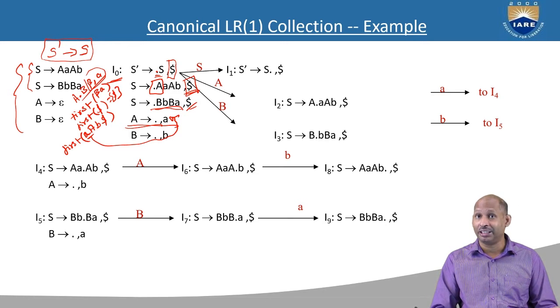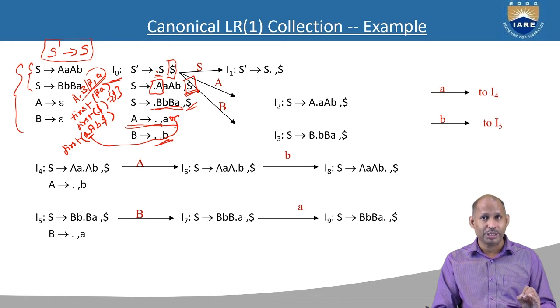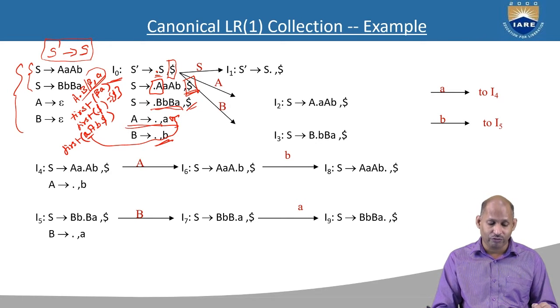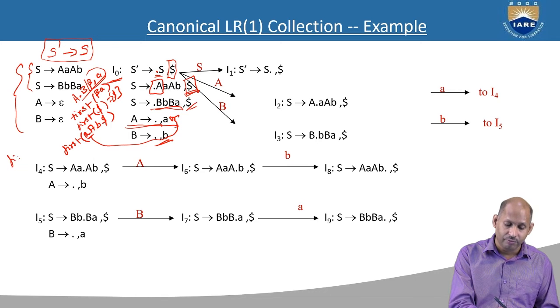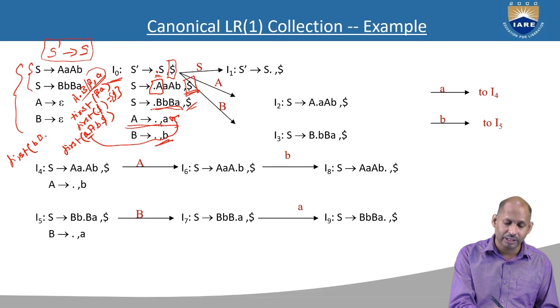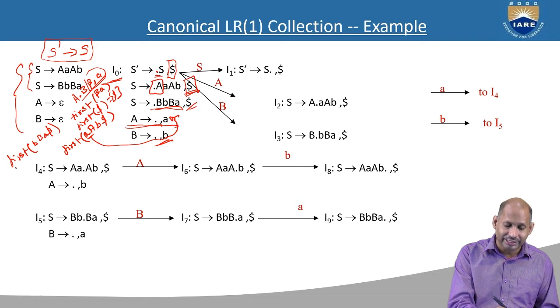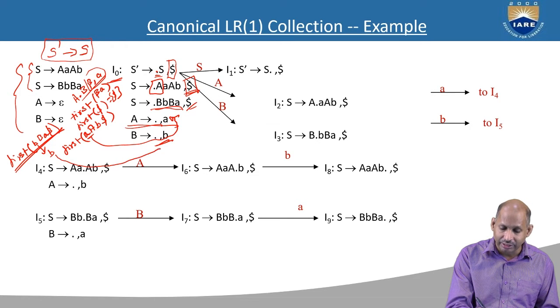Next, for this second production, dot followed by capital B, variable B, we have to include the variable B production. Since we have to find first of beta, what is the beta here? BBA. Then what is the A? That is dollar sign. In the first of this one, B is a terminal, so the B is included here.